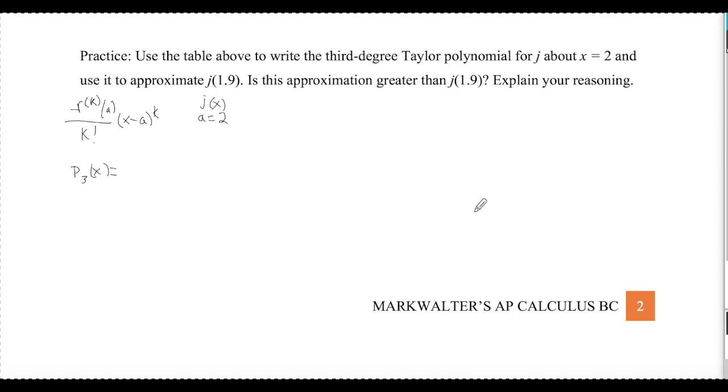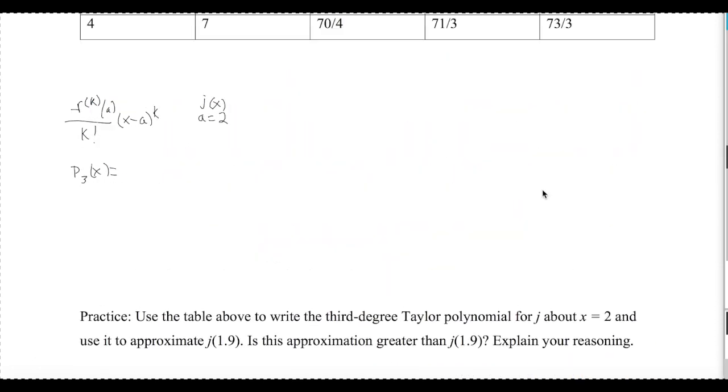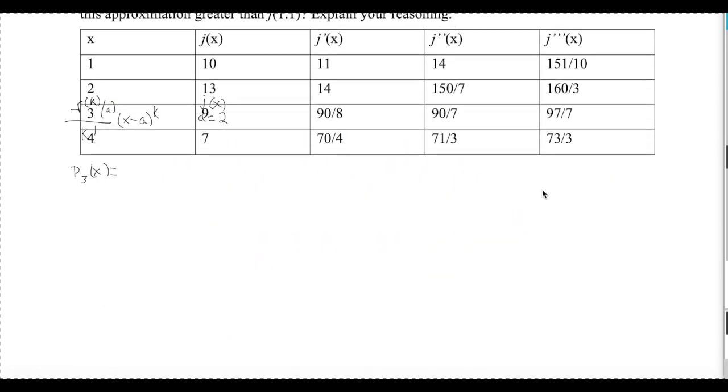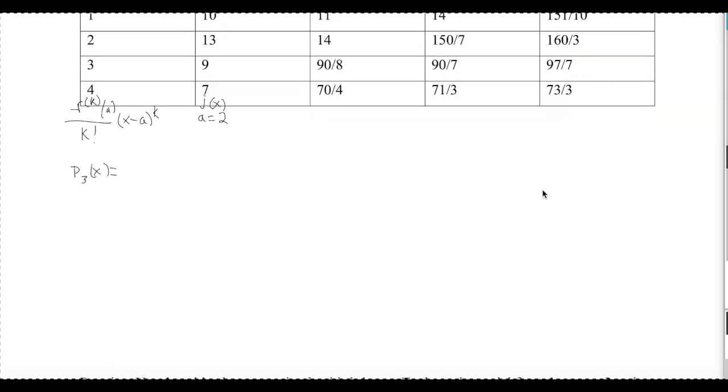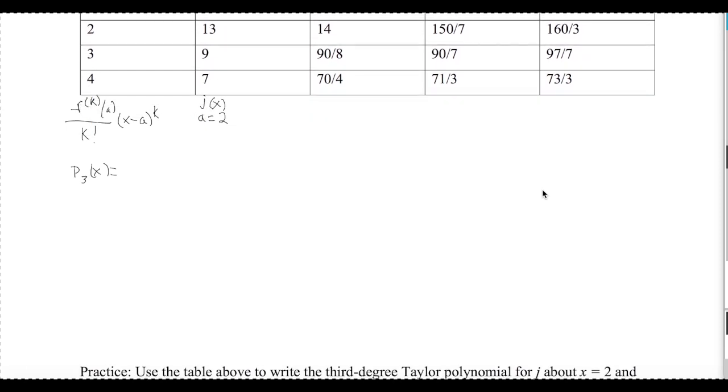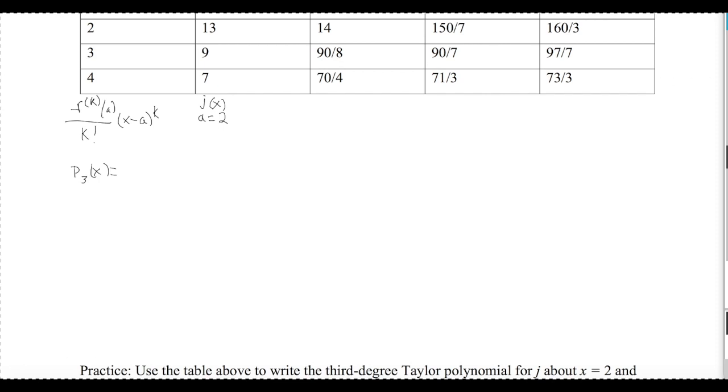Okay, so we need to go up to our table. I want to work it up here so we can be looking at my work, and then I'll scroll back down to the actual problem. We're interested in a equals 2, so my function value is 13.